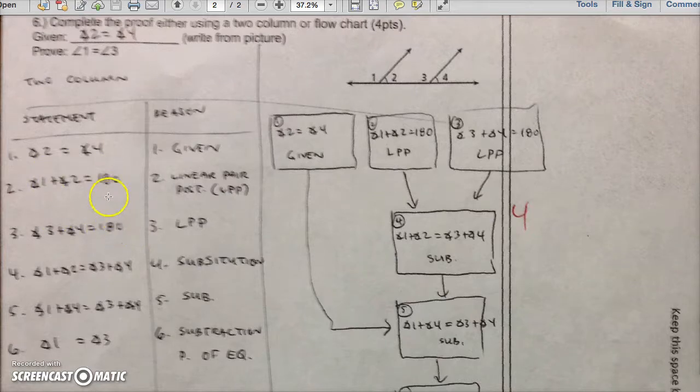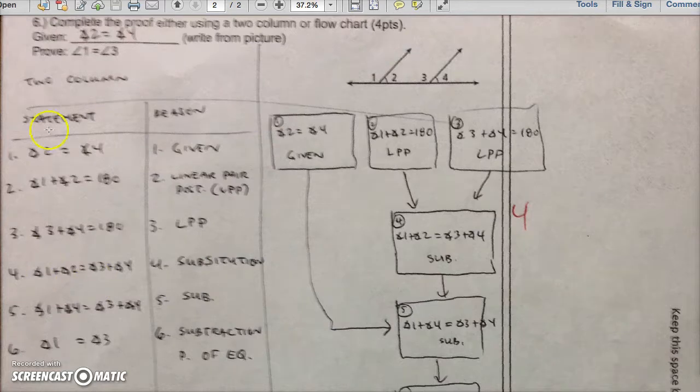So you're taking this statement here, 1 plus 2 equals 180, and I have here 180 degrees. So wherever I see 180 degrees, I'm going to write angles 3 plus 4. Well, up here I see 180 degrees, so I'm going to write angles 3 plus 4. And that's how I got statement number 4: 1 plus 2 equals 3 plus 4. We did a substitution there.